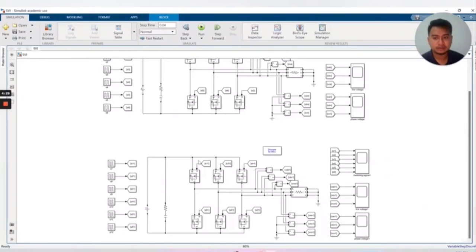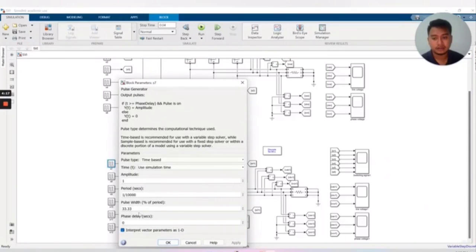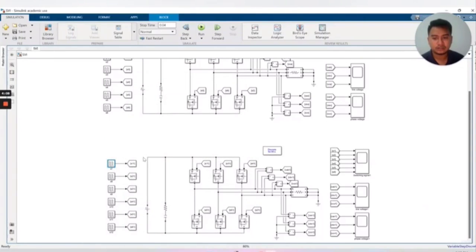The difference between this circuit and this circuit, for 180°, I change the pulse width to 33.33, and make sure all the Goto and From blocks must have the same number. Okay, that's all from me.